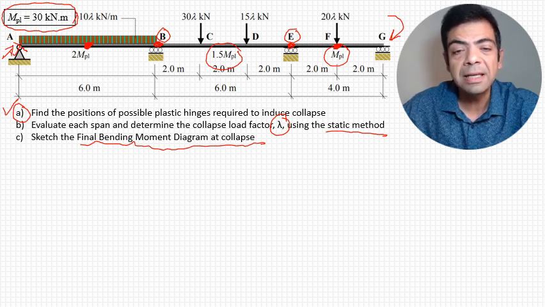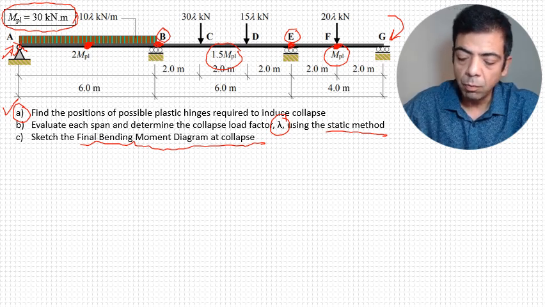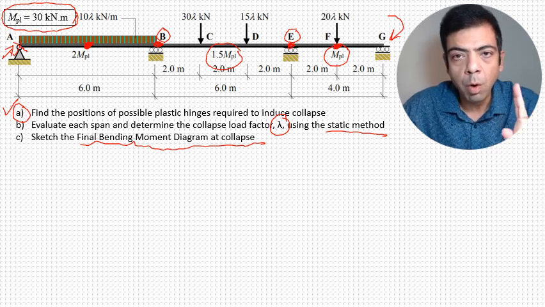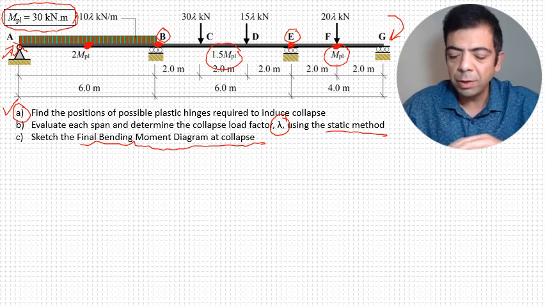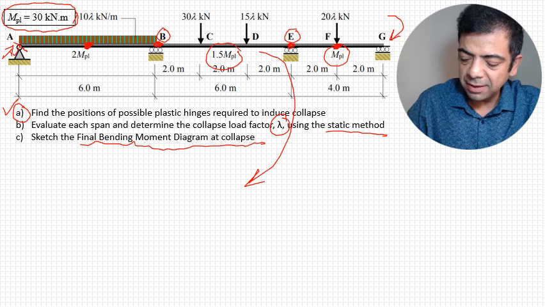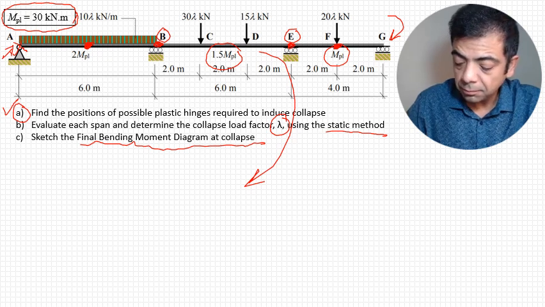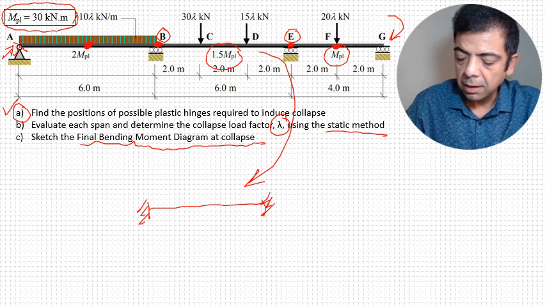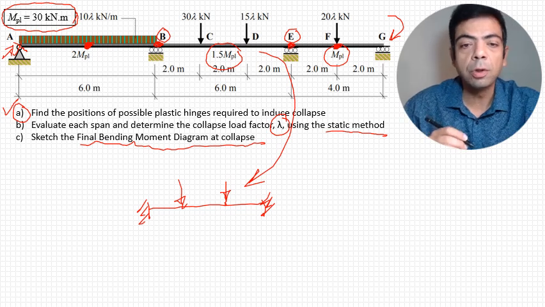B, C, D, E. We're going to have one plastic hinge between B and E. The reason is, if we take this beam outside, we can represent it as a fixed beam with 2-point loads.